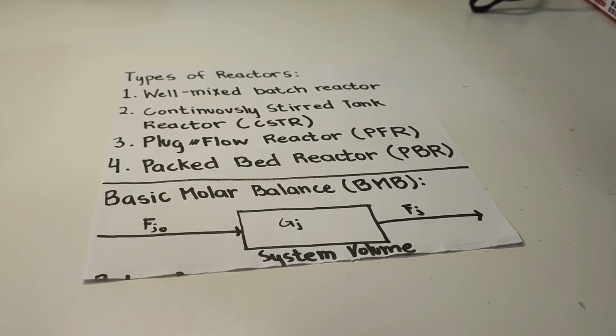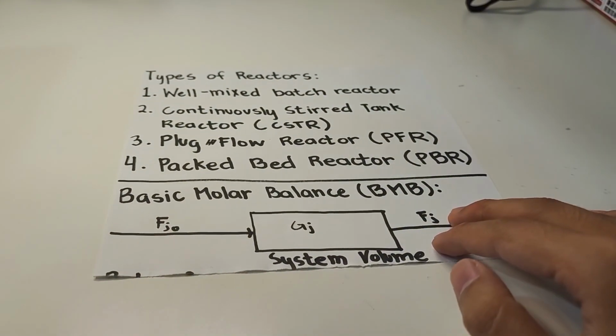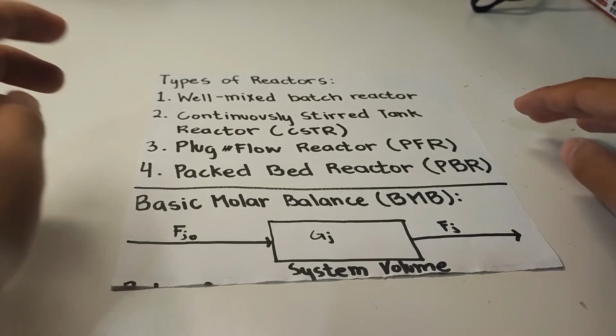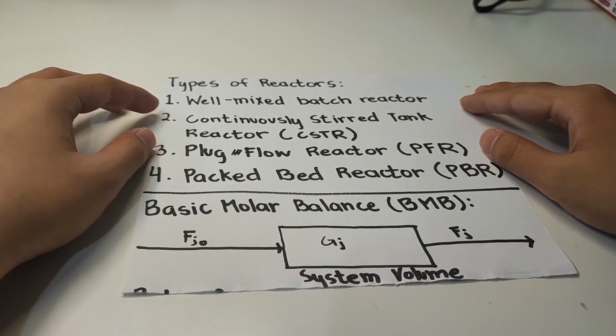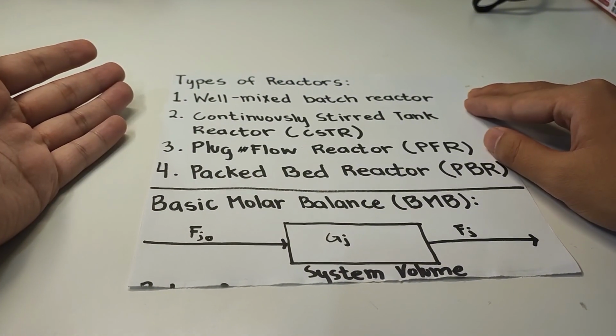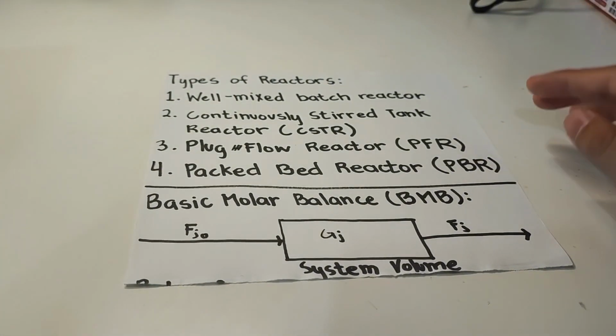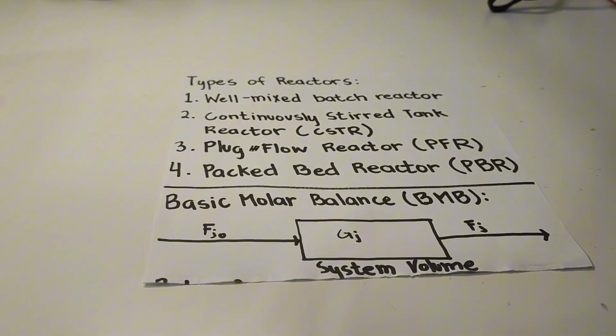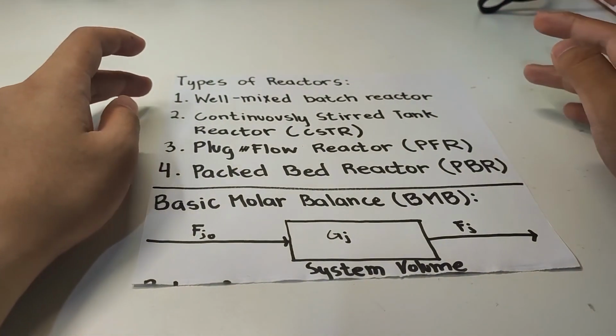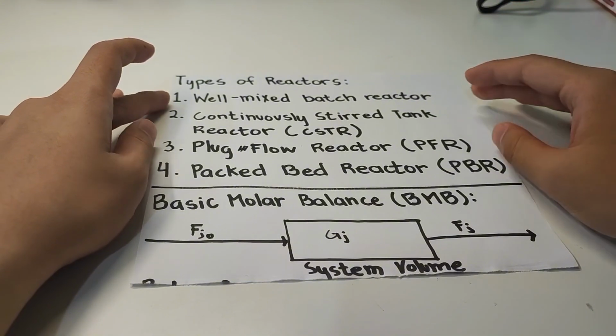In CRE, we have four different types of reactors. First, the well-mixed batch reactor. Second, the continuously stirred tank reactor, or CSTR. Third, the plug flow reactor, PFR.